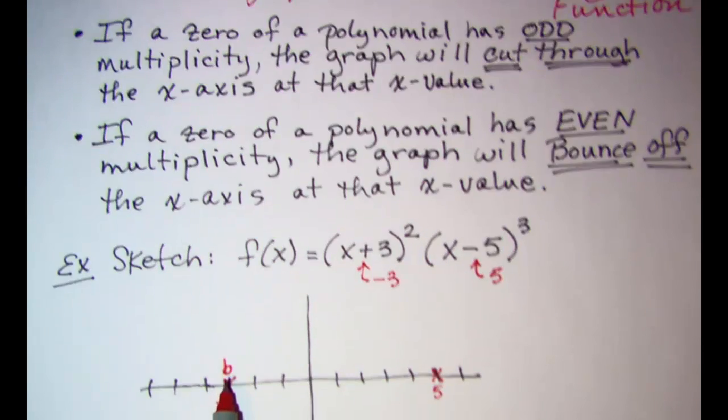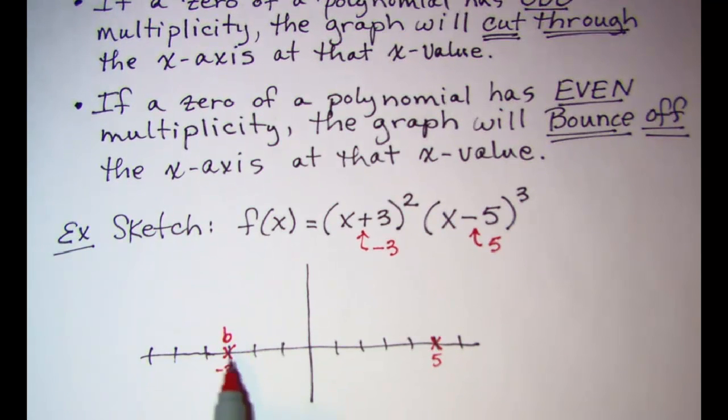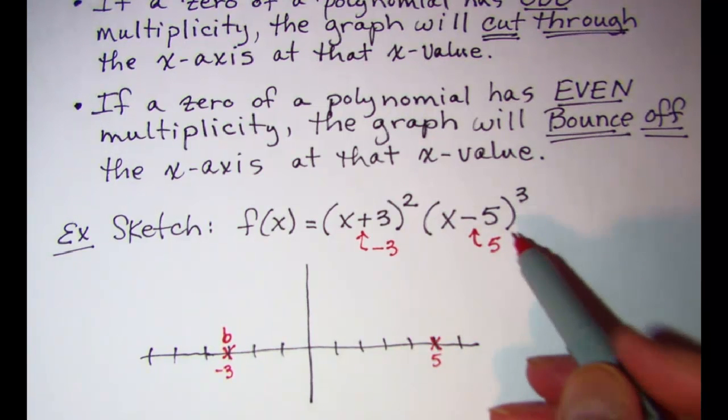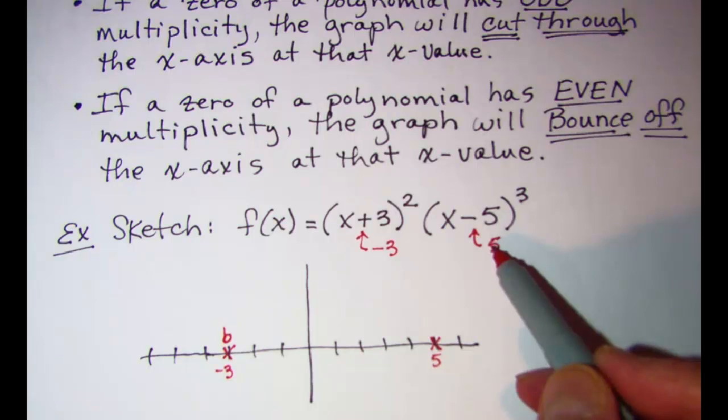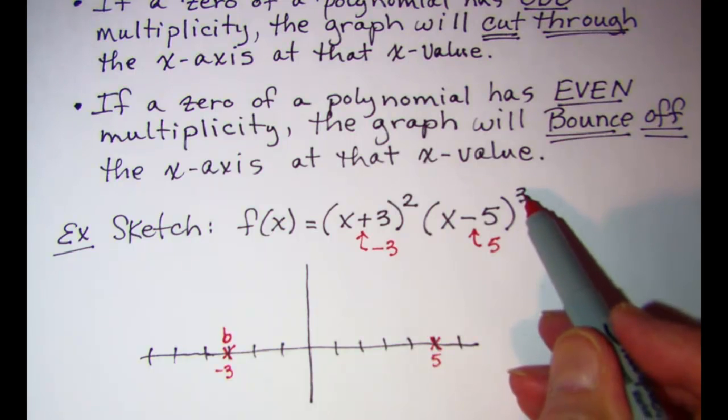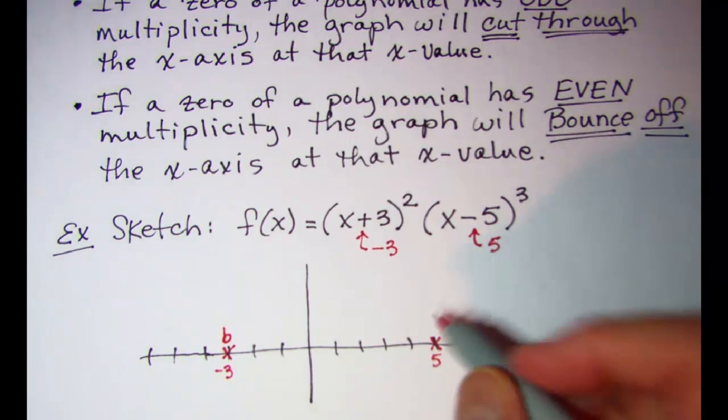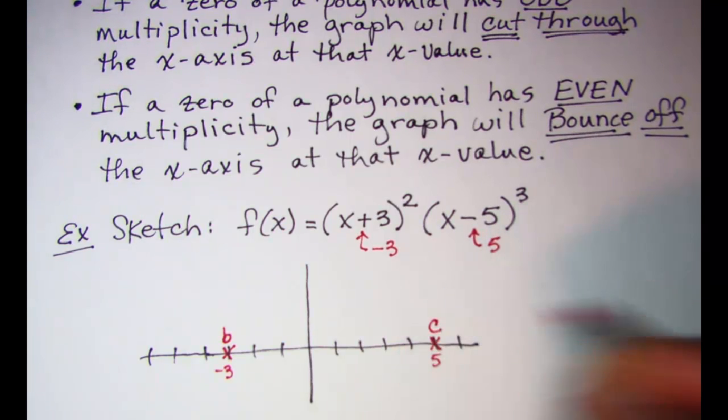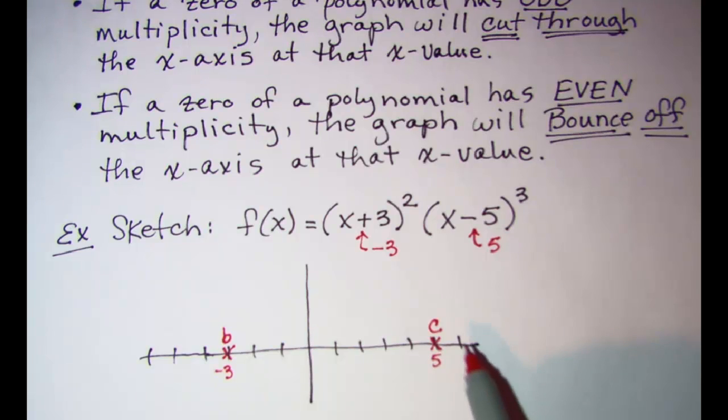So I'm going to write a little b here to remind me that my graph is going to bounce here. Also, since my 5 is to an odd power, odd multiplicity, my graph is going to cut through at this point. So I'll put a little c here to remind me that it's going to cut through at this point.